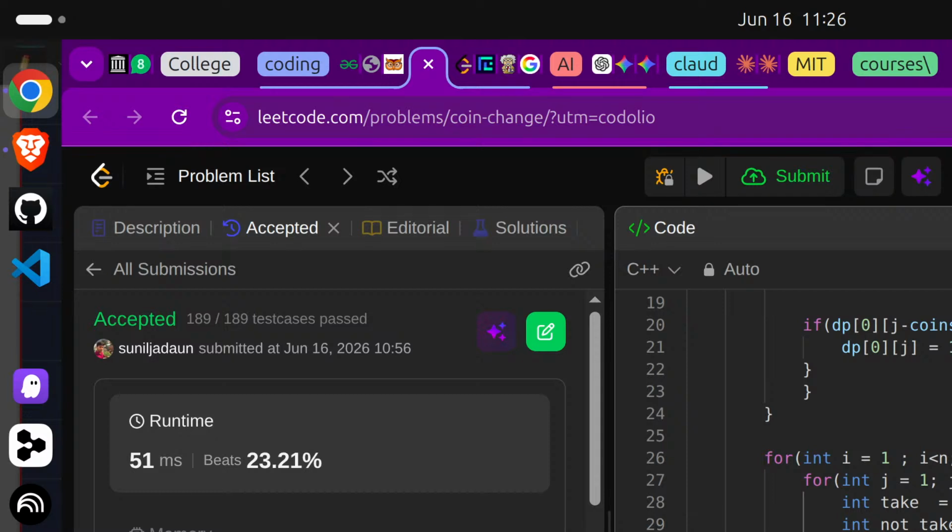And take is equal to dp of i comma j, the meaning of take comma left and right.